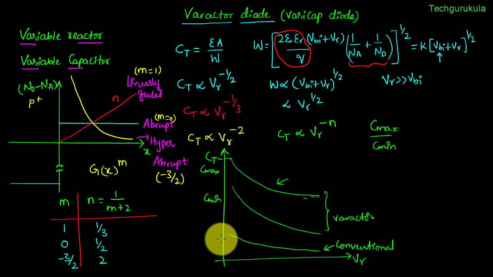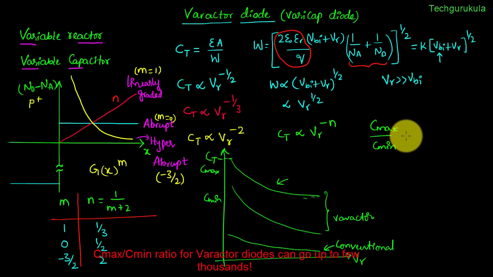For a conventional diode, the variation of capacitance within the given voltage variation would be small. For a Varactor diode, the variation of capacitance would be higher because we have particularly tailored the doping profile in the PN junction diode. That's why it is very different from a conventional diode in terms of Cmax to Cmin ratio, where the Cmax to Cmin ratio would be higher in a Varactor diode and less in a conventional diode.